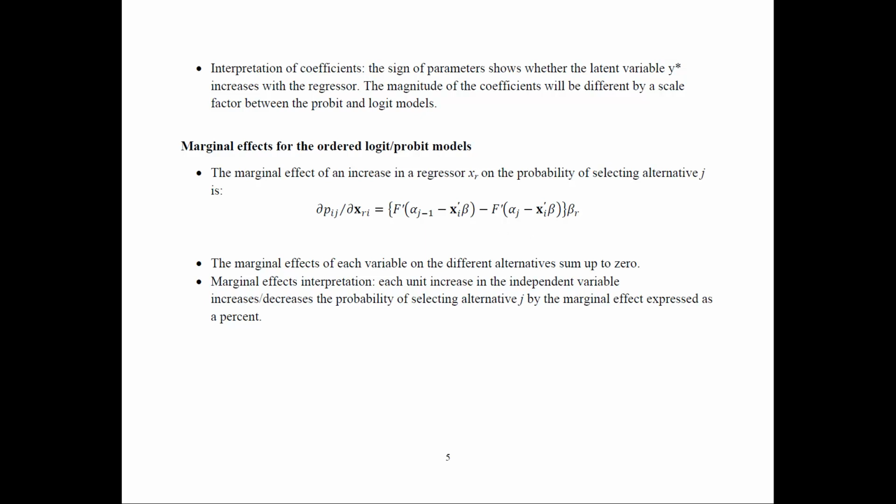One interesting thing is that the marginal effects of each variable on the different alternatives would sum up to 0, because if some outcomes are more likely, others would be less likely to get back to the baseline. And the interpretation for the marginal effects would be that each unit increase in the independent variable increases or decreases the probability of selecting alternative j by the marginal effect expressed as a percentage.